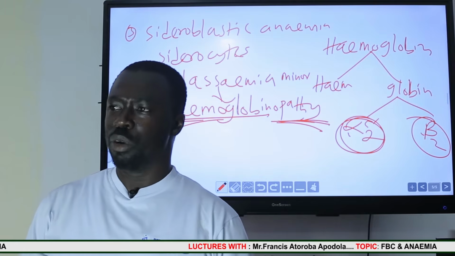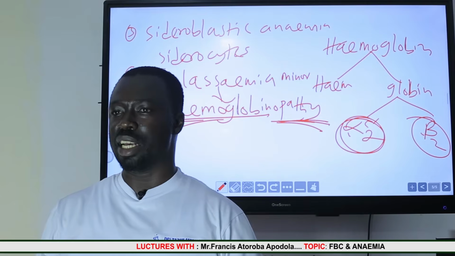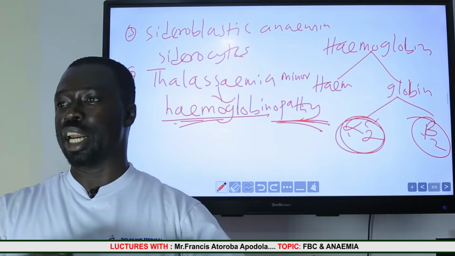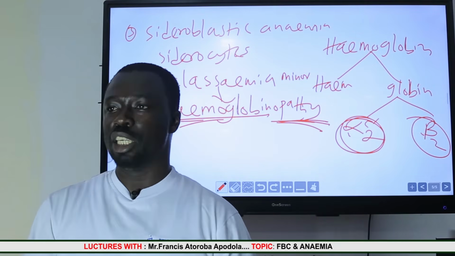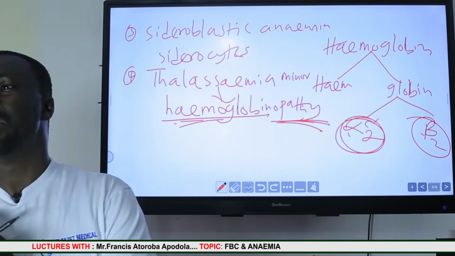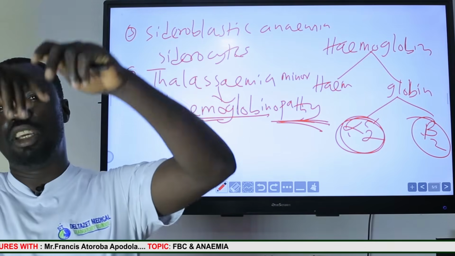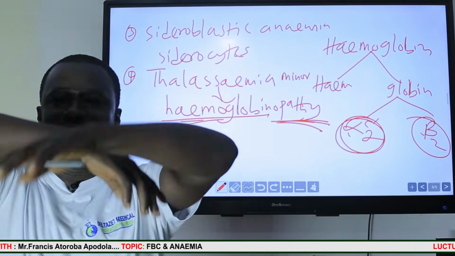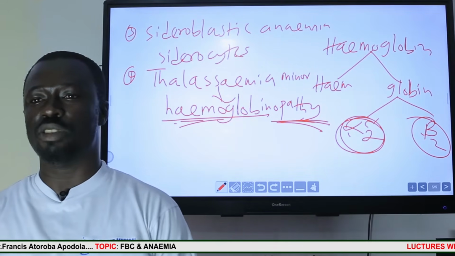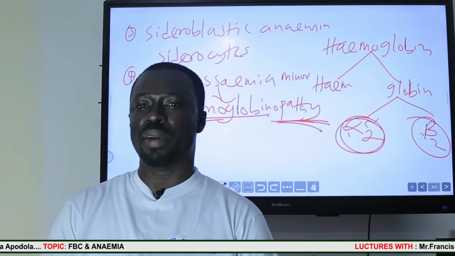So we have established that the red cell indices we can use to classify or describe the morphology of red blood cells include the MCV, the mean cell volume, which gives us a picture of the average size of the red blood cells.